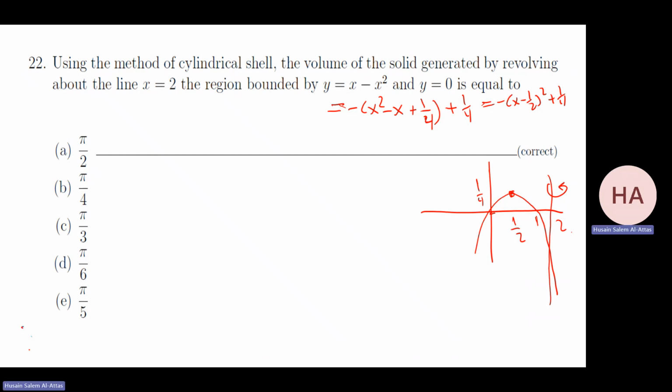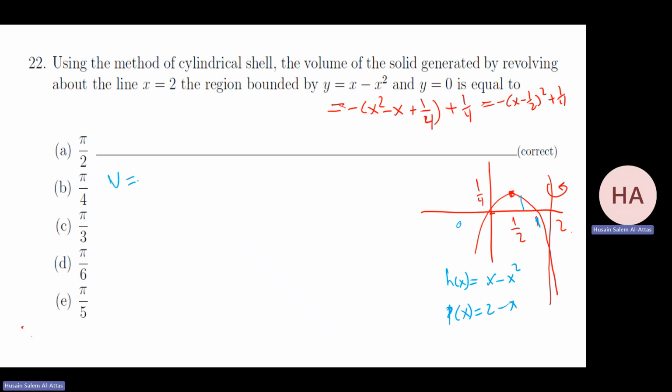Okay, so draw my line perpendicular to that, parallel to this one. So h of x would be the parabola, and b of x will be what? 2 minus x. Very clear. And from where to where? From 0 to 1.